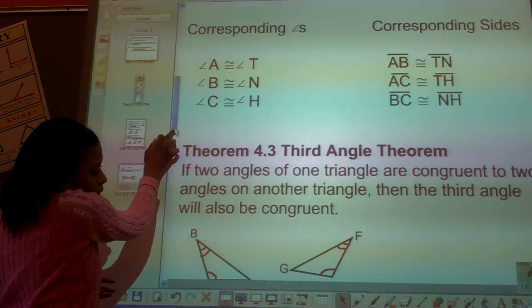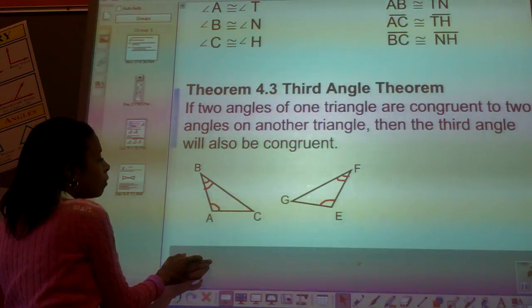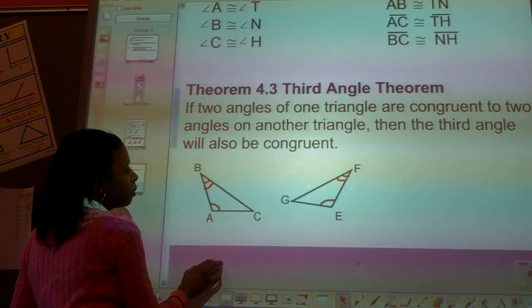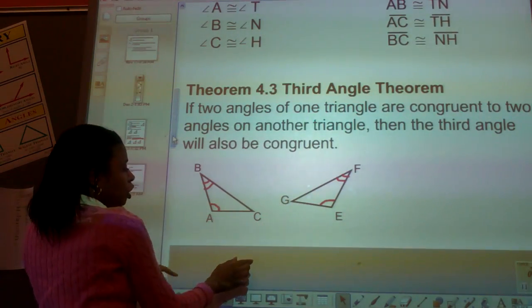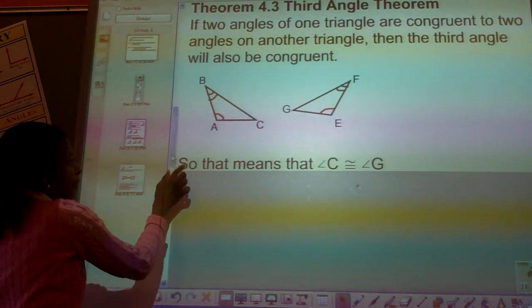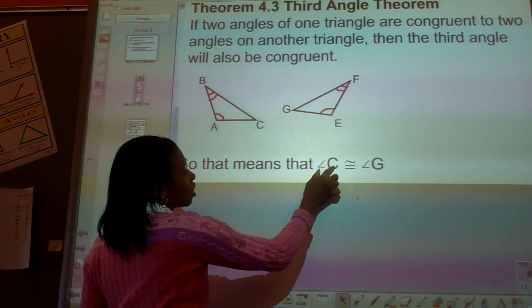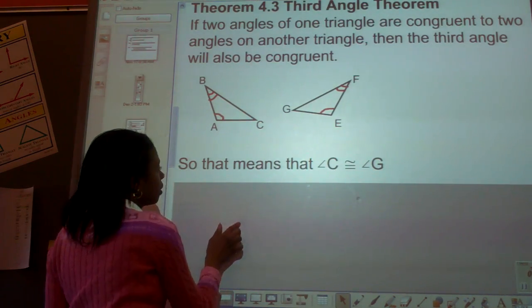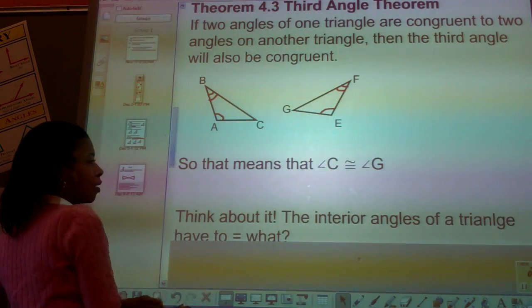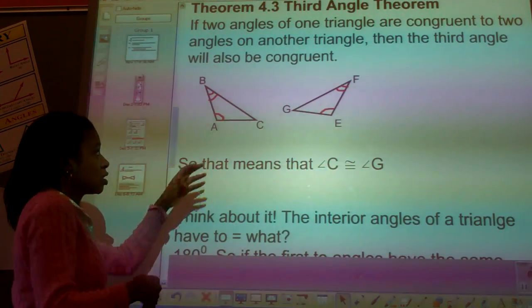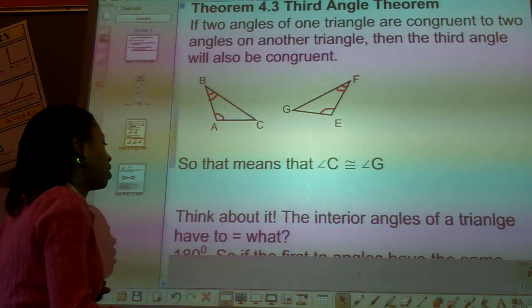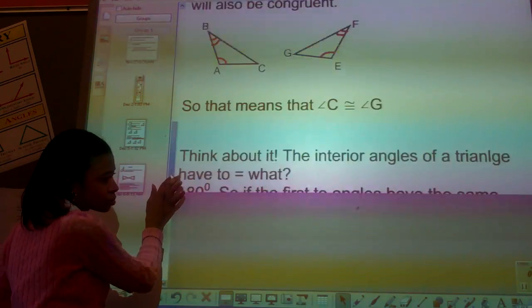Okay? So here if I have a triangle ABC, and I'm looking at it, A corresponds to E, so I have to go E, F, G. That means that C is congruent to angle G. And think about the interior angles. They have to equal 180 degrees. So I can find out that missing angle there if I wanted to find it.